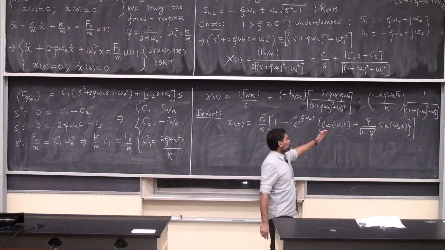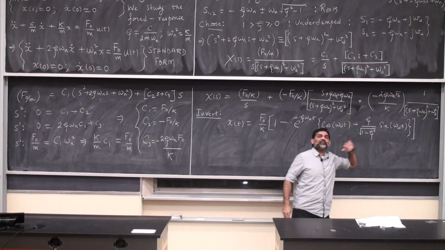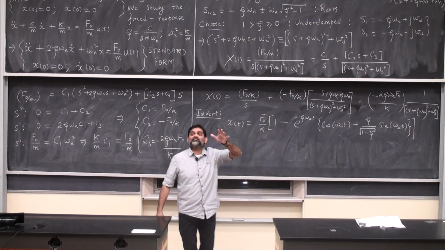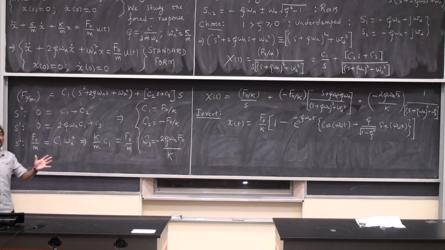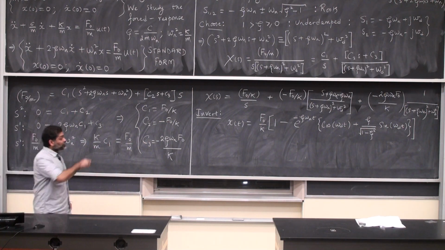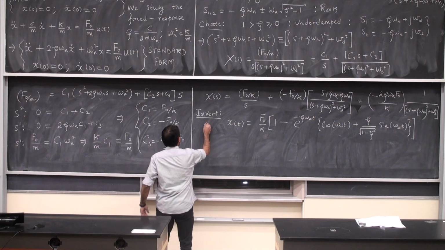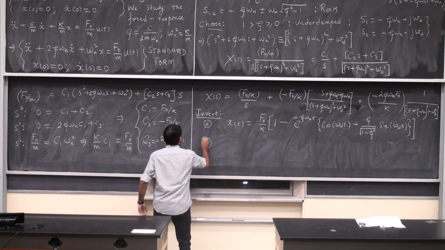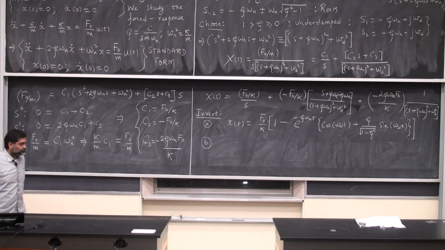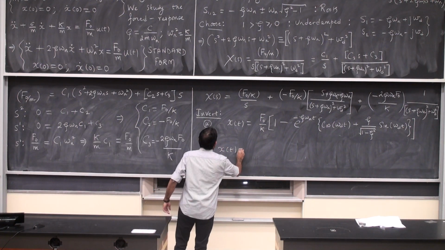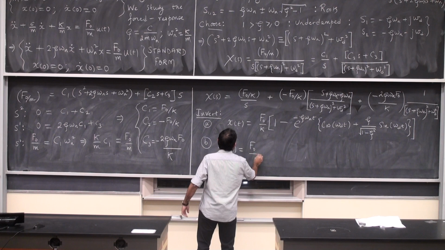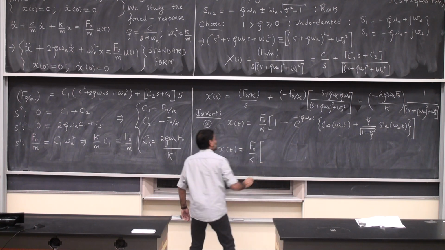We typically do not want to write it as cosine something plus sine times something. We want to write it as a phase shifted sine or a phase shifted cosine wave, right? So we do further manipulations and the same thing can be written in the following manner. Okay, so x of t is F naught by k, nothing happens there.